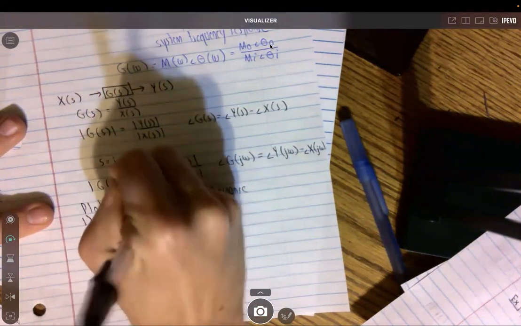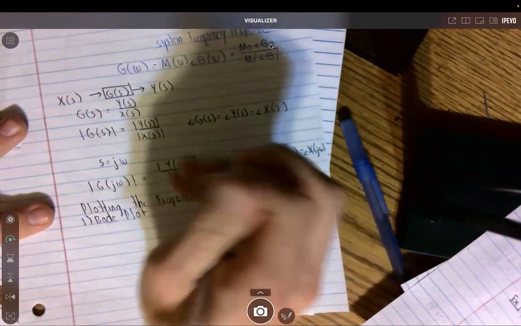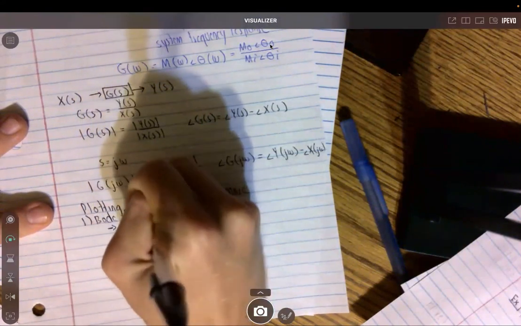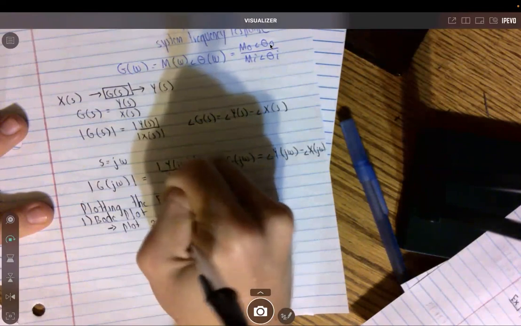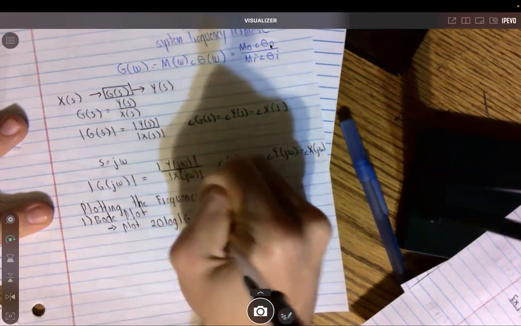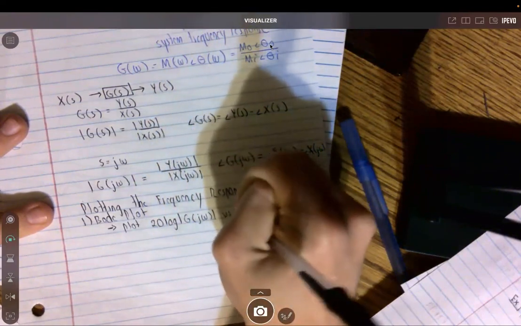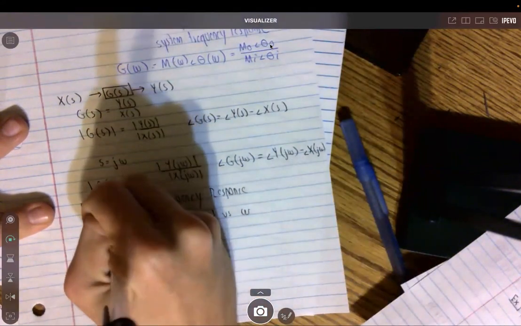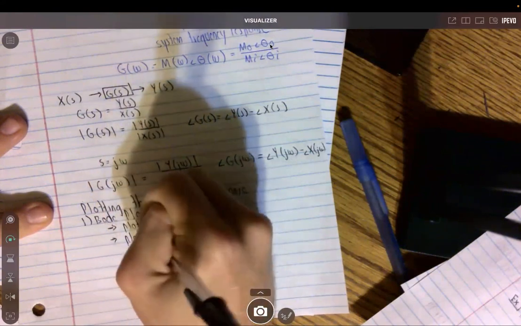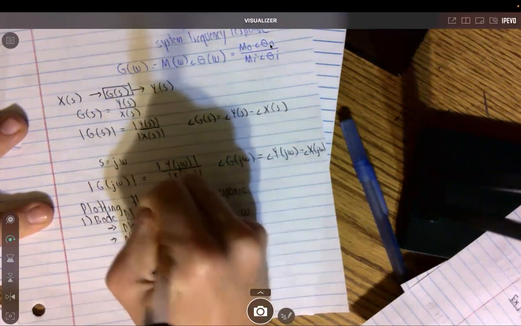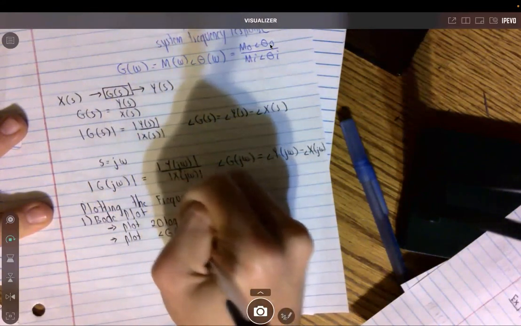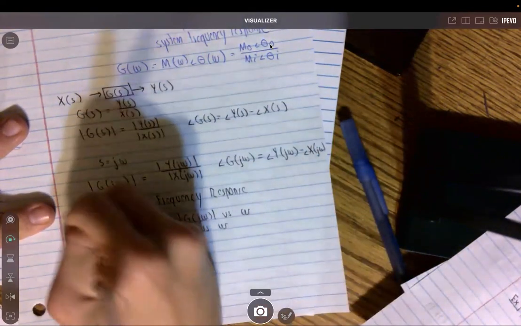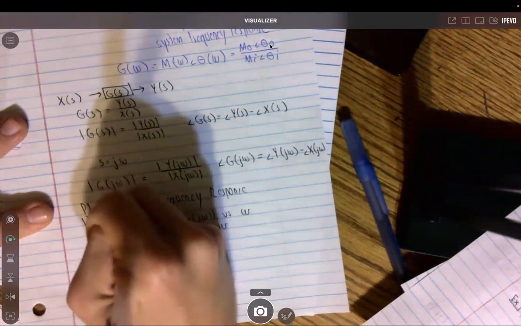For the Bode plot, the first one is going to be a plot of 20 log of G of J omega versus omega. So that's the magnitude frequency response. And then you're going to plot the phase frequency response, which is going to be the phase of G of J omega versus omega.